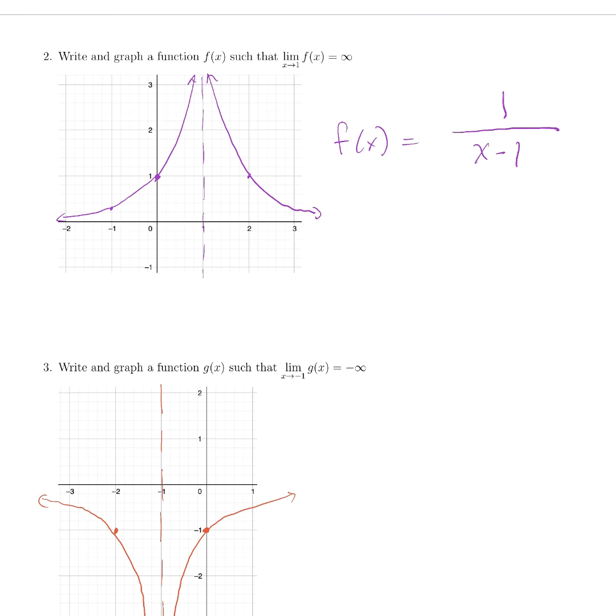One way we can change that is by taking the absolute value of x minus 1, but the slightly easier way is the other function that makes everything positive, which is squaring. The 1 is already positive, so if we just square the denominator, it makes everything positive, and we get the picture that is on the left. So there's a function with limit as x approaches 1 being equal to infinity.